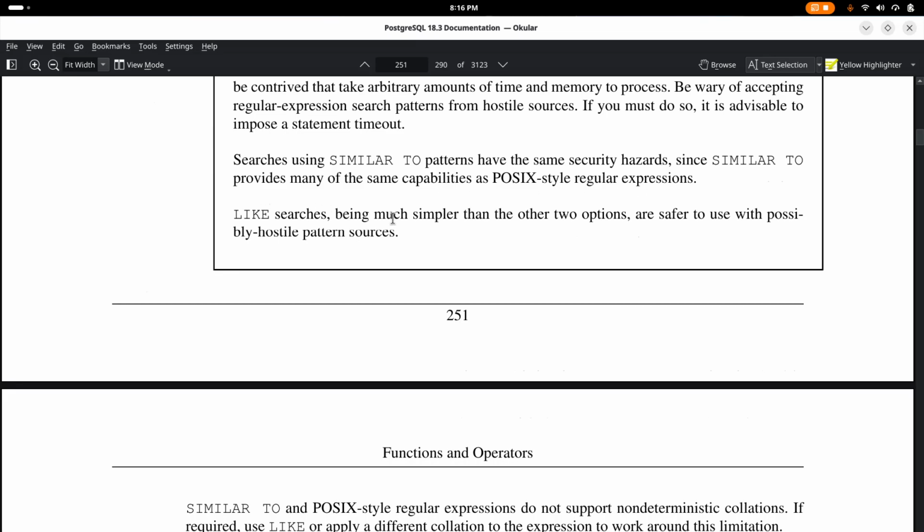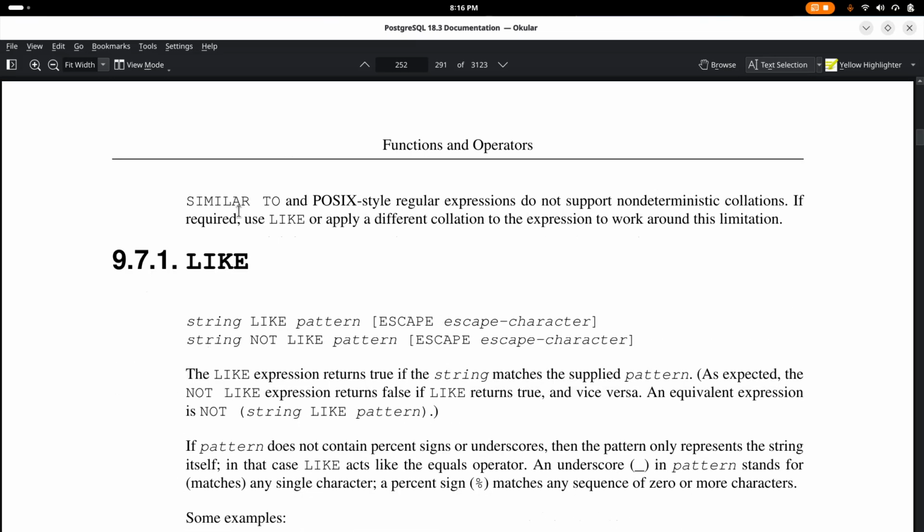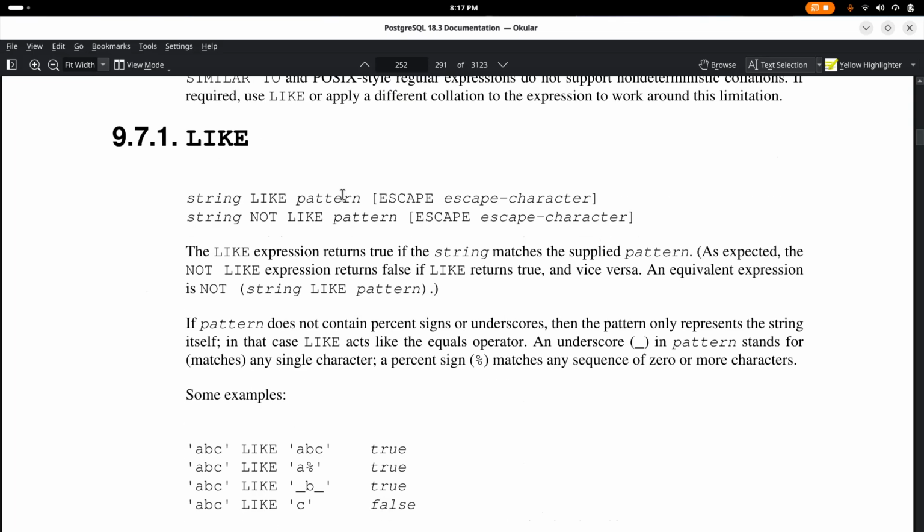LIKE searches, being much simpler than the other two options, are safer to use with possibly hostile pattern sources. SIMILAR TO and POSIX-style regular expressions do not support non-deterministic collations. If required, use LIKE or apply a different collation to the expression to work around this limitation.